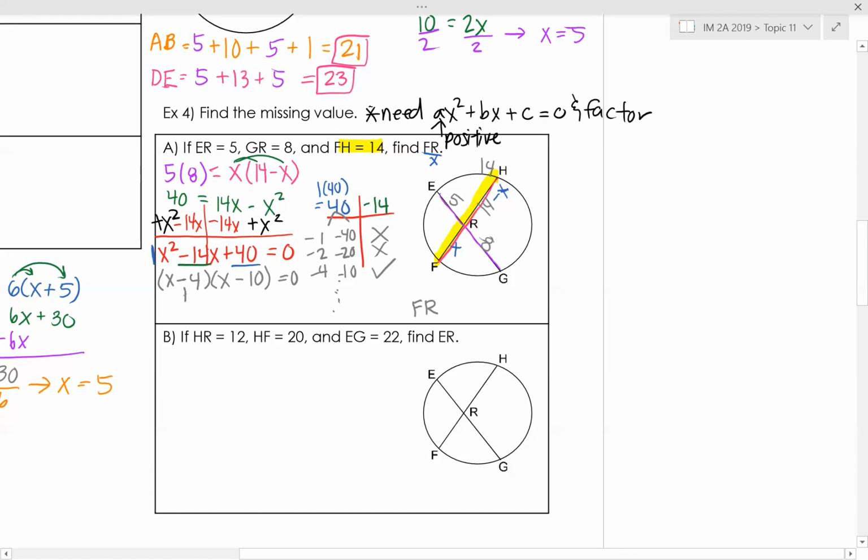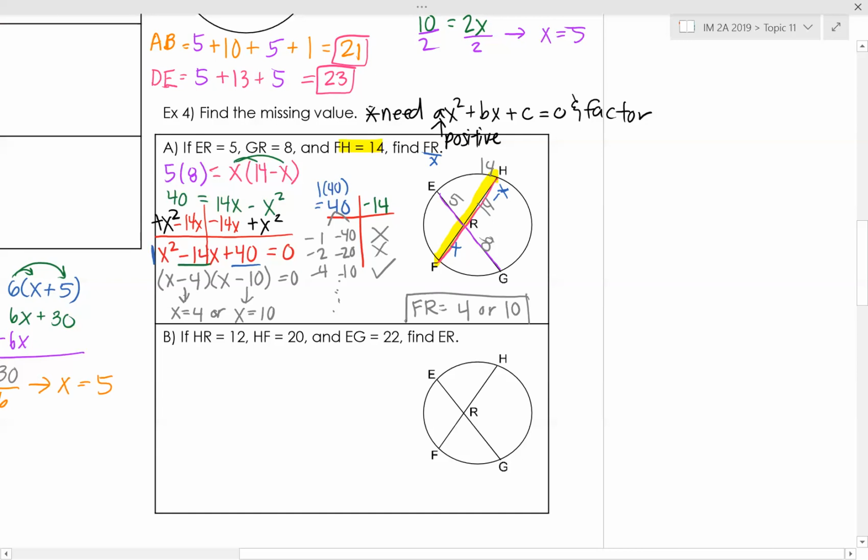If x minus 4 is equal to 0, that means x is positive 4 or x is positive 10. Since we called x that on purpose, those are my two answers. So it's either 4 or 10.